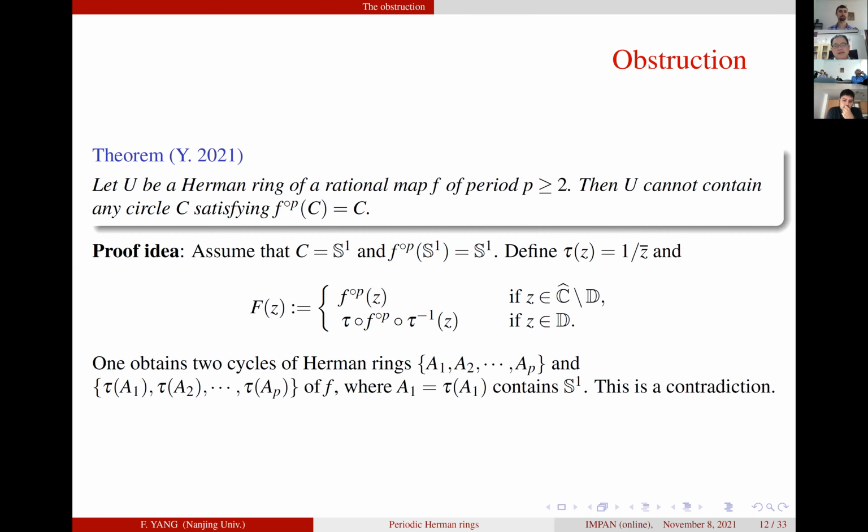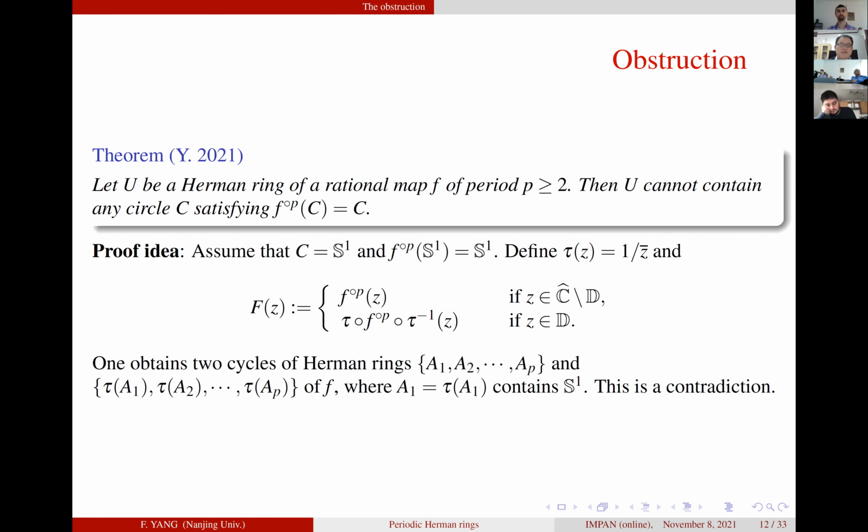If z is in the unit disk, then we define big F to be its symmetric. And it is easy to see big F is also a rational map, and it coincides with f^p in the outside of the unit disk.